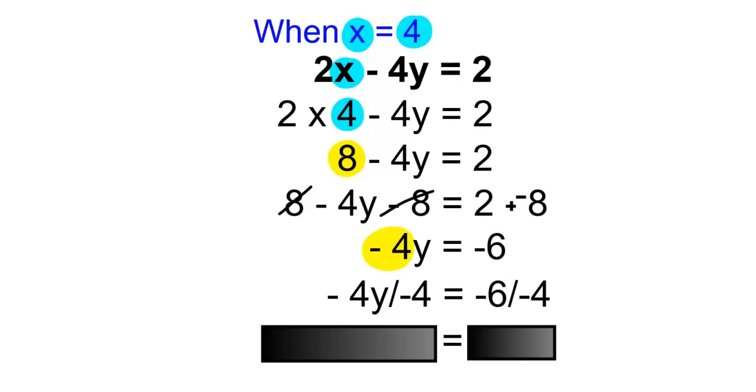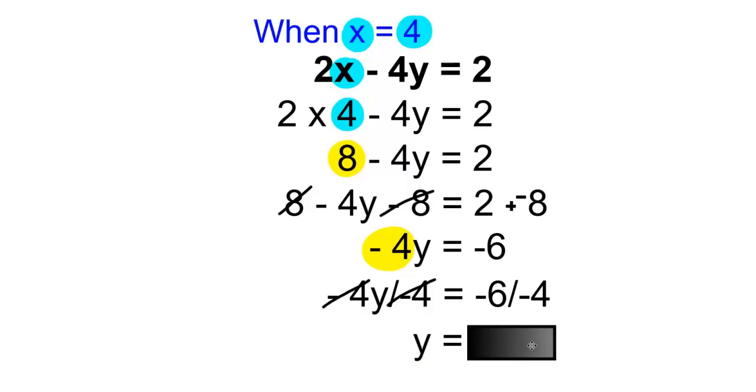Negative 4s will cancel, leaving us with y. And negative 6 divided by negative 4 gives us an answer of 1.5. So when x is equal to 4, y is equal to 1.5.